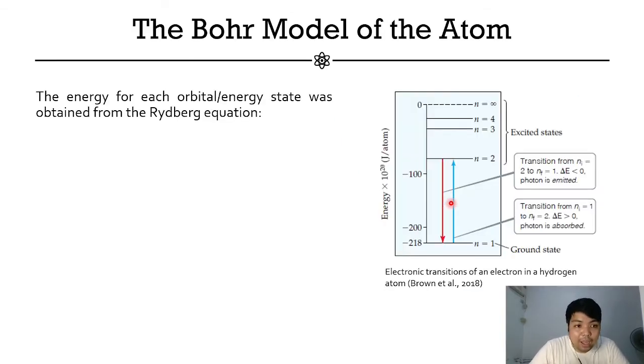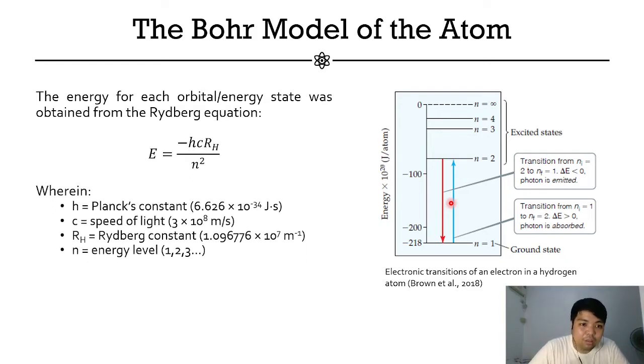Now, the energy for each orbital was obtained from the Rydberg equation and a manipulation of Planck's equation for the energy of a photon, which is equal to this one here.